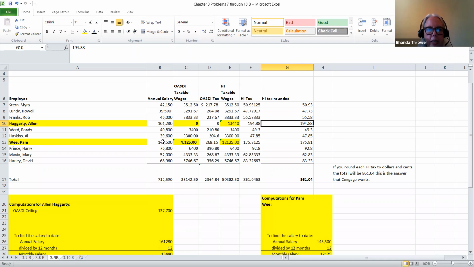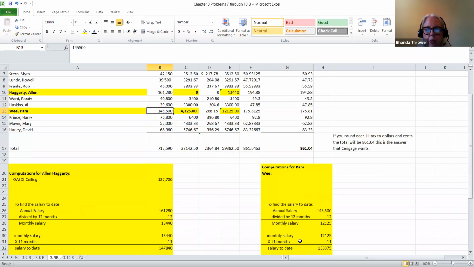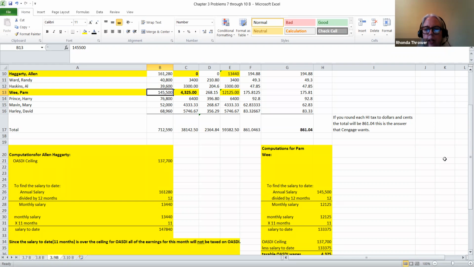For Pam Wee, she did go over the OASDI taxable base. So the computations for Pam Wee are found on this part of the spreadsheet. Again, I would start by finding the salary to date. At 12 months, the annual salary was $145,500. We would divide it by 12 months to get the monthly salary, and then drop back one pay period and calculate the salary to date.